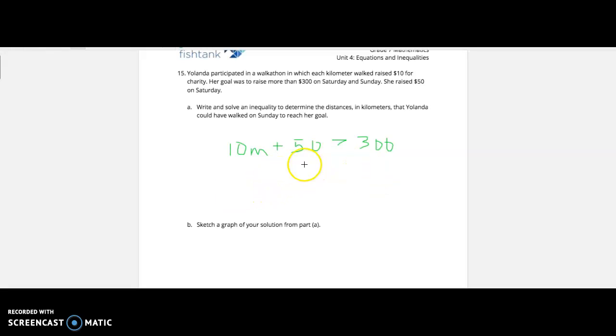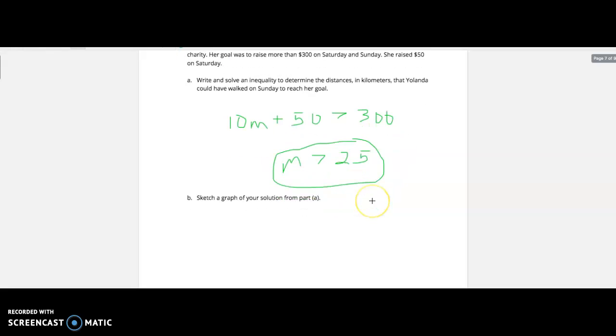So subtracting 50 from both sides, we end up with 250. And take 250 and divide it by 10. So she's got to do 25 miles. 10 times 25 is 250, plus 50 is greater than 300.